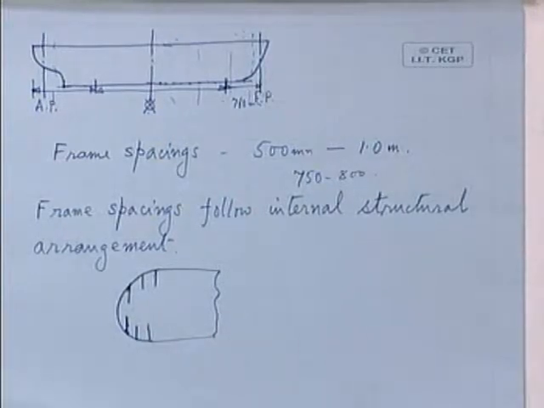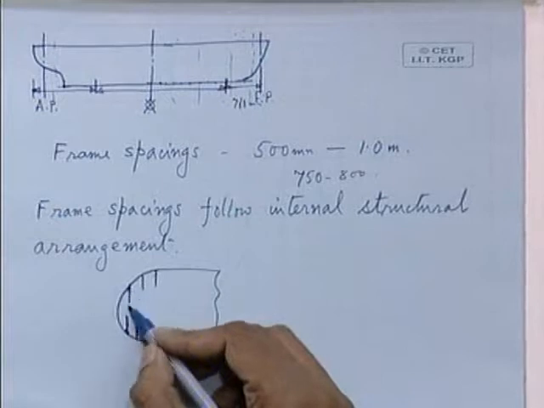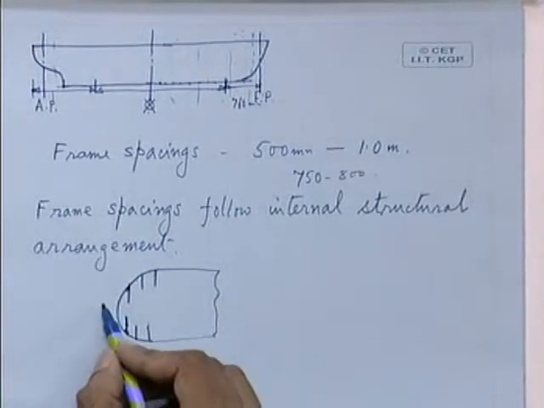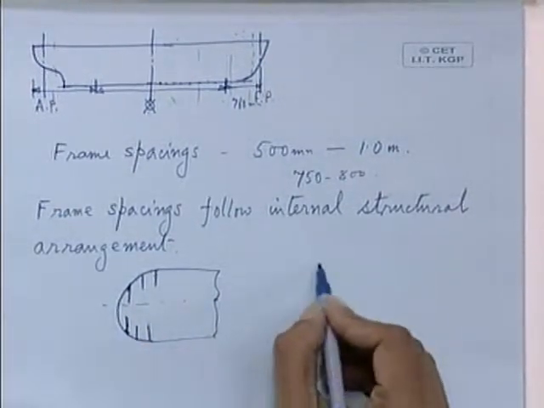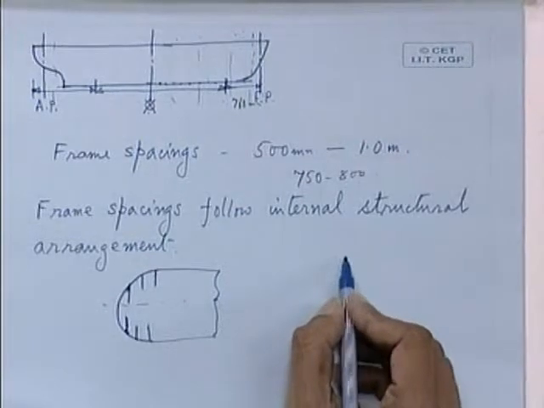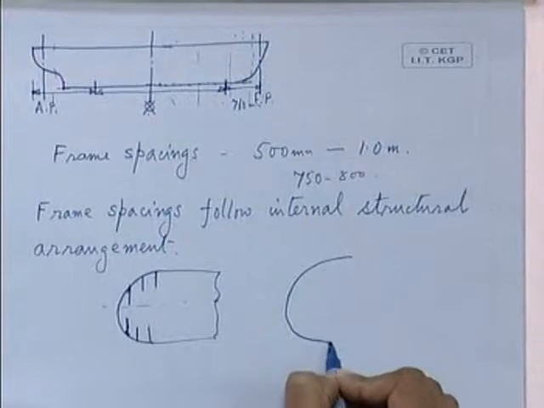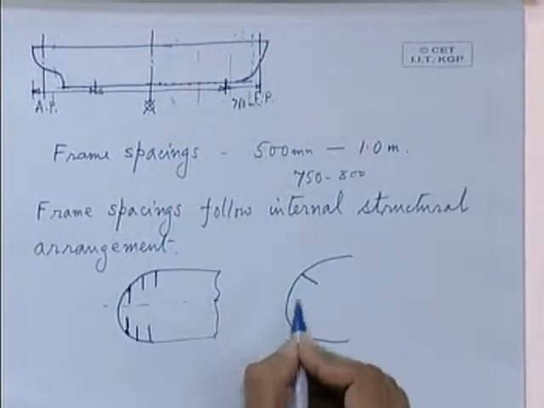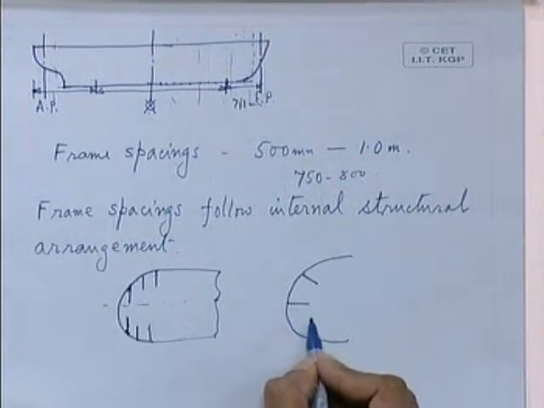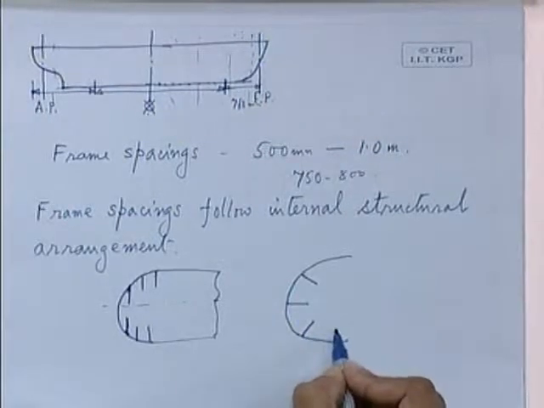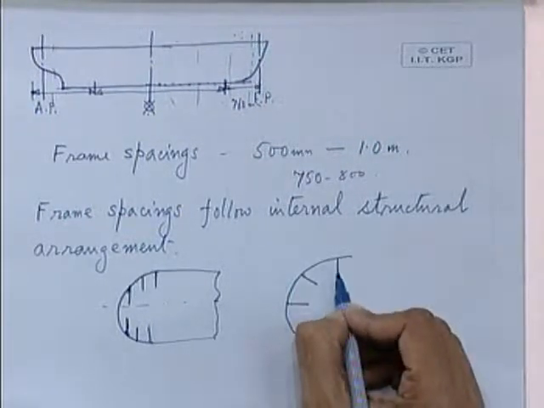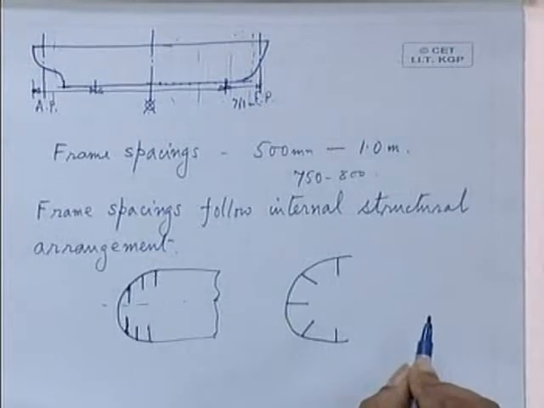So, what is done normally in this arrangement is that the frames are not made vertical to the center line, but they are made normal to the ship's shell plating or ship's side like this.